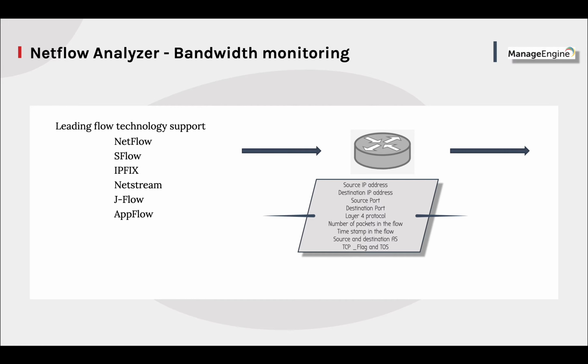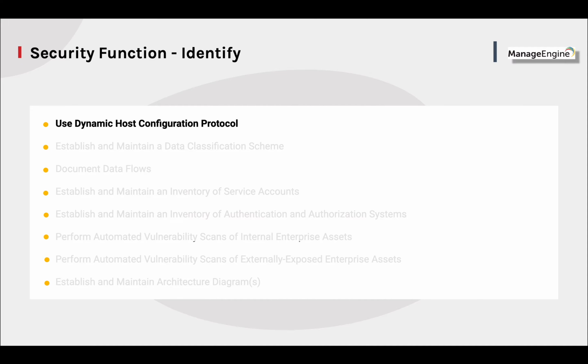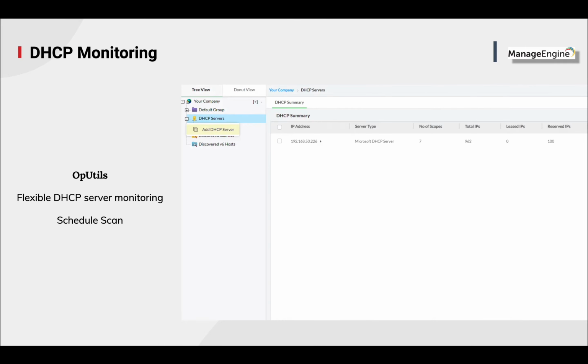Let's dive into the next security function, identify. Use of dynamic host configuration protocol. This has to be used to log up-to-date enterprise asset inventory. Now, we discussed about OpUtils. This has DHCP server monitoring, which supports a full range of DHCP servers that enables you to discover and monitor with ease.